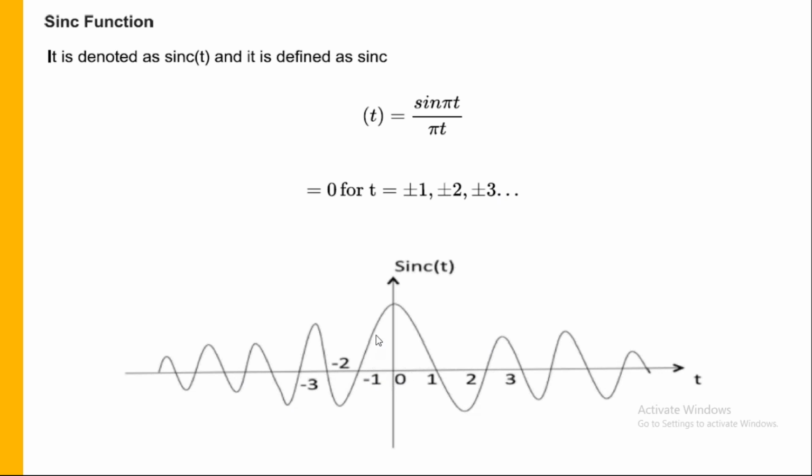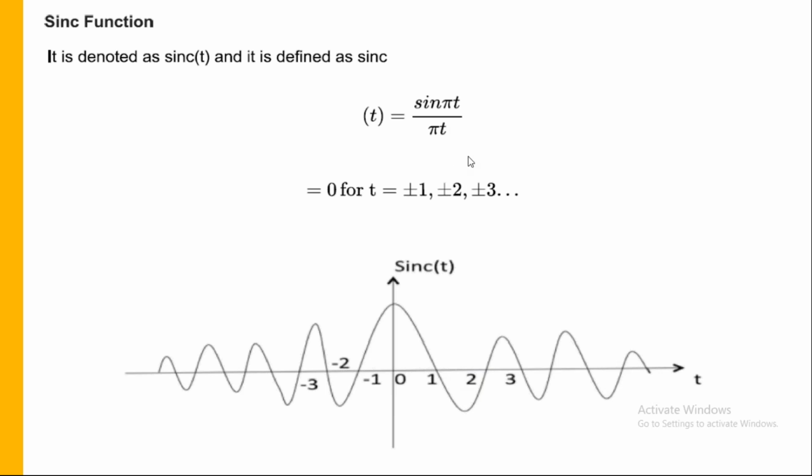Now you need to understand, as you go on increasing the value of t from 0 to infinity, for every integer, it is giving 0. But if you observe between 1 and 2, what is the intermediate value between 1 and 2? It is 1.5, right?